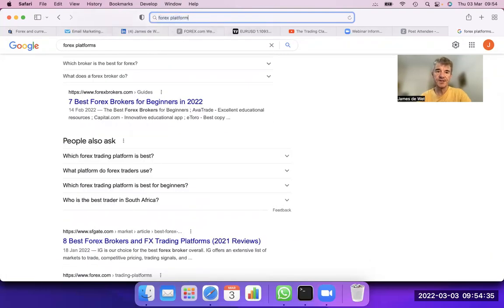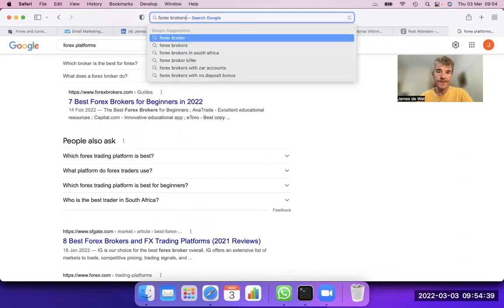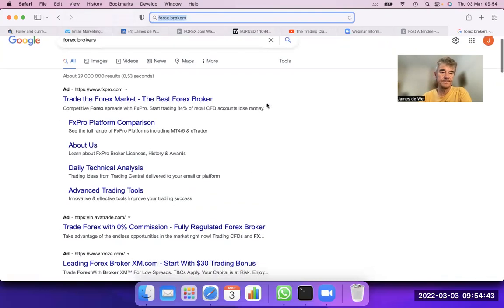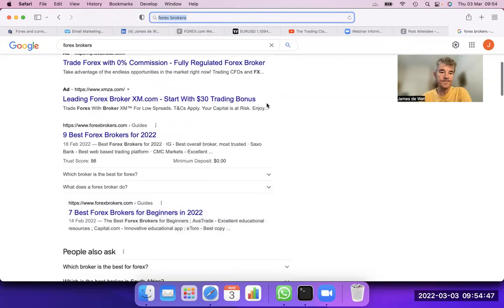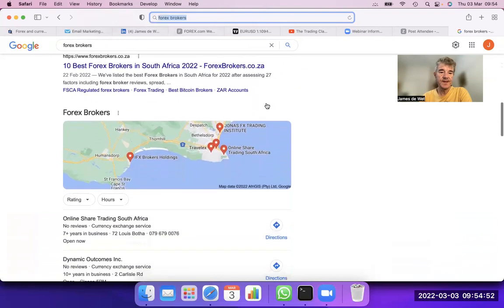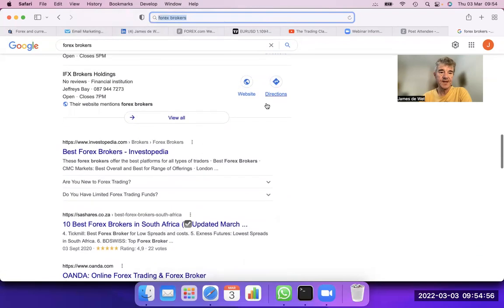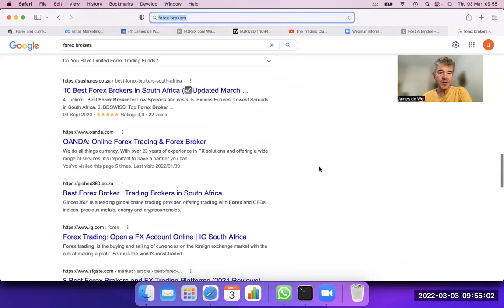Let's try brokers. Let's see if I recognize any of these. FX Pro, they might or might not be good. IBFX, this one here used to, no, that's not the same one.